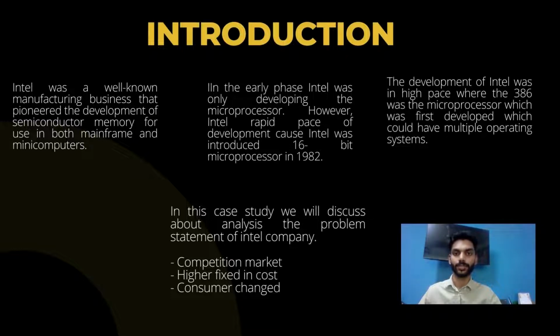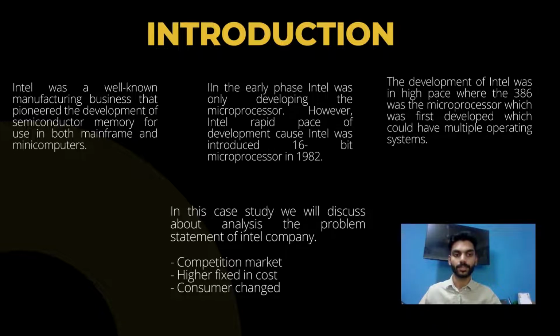Now I'm going to give an introduction about the Intel company. Intel was a well-known manufacturing business that pioneered the development of semiconductor memory for use in both mainframe and mini computers. In the early phase, Intel was only developing the microprocessor. However, Intel's rapid pace of development led to the introduction of a 16-bit microprocessor in 1982.